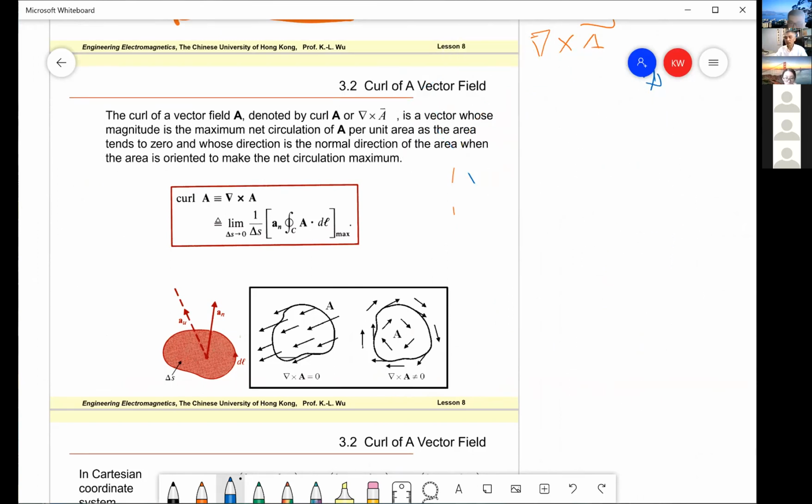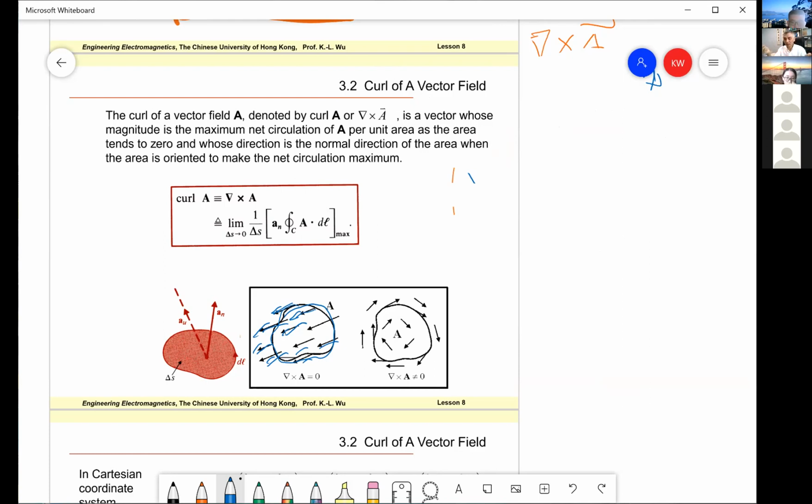In certain fields, the curl of the vector is always equal to zero. For example, for an electrical field, no matter how you define this contour, the circulation is always zero.